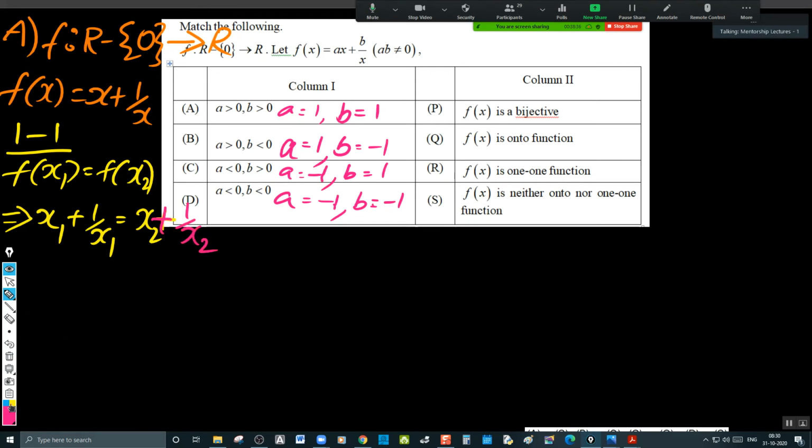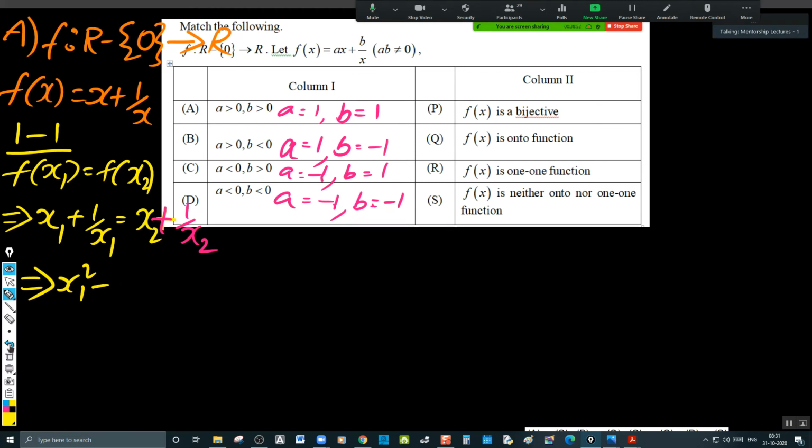Now, if you simplify this, just check it out. X1 square minus, cross multiply this.